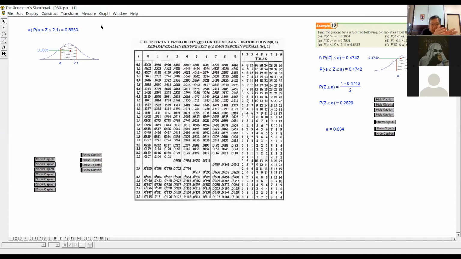Now, in order to get the part that involves A, I have to find the 2.1 part first. So what is the probability of Z greater than 2.1? Can you use your calculator? You don't use calculator also, you can see from here. 2.1 is this one, 0.0179.